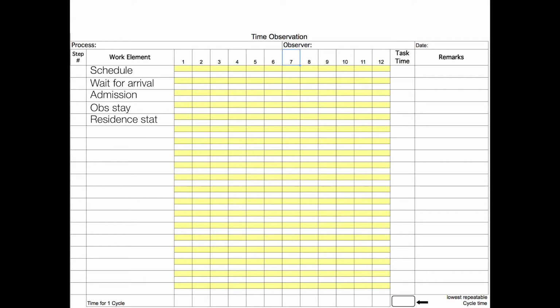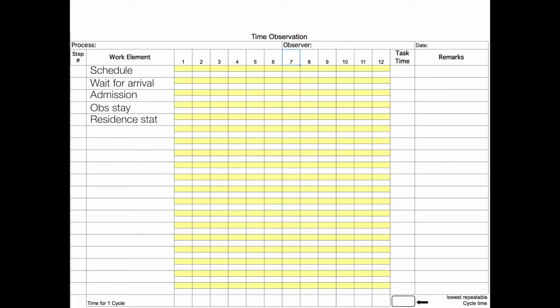So you basically want to see how long each step in the process takes, and then do that for 12 patients. See how much time the task took in total, and then your observations are written on the side there. That way you capture the narrative as well.